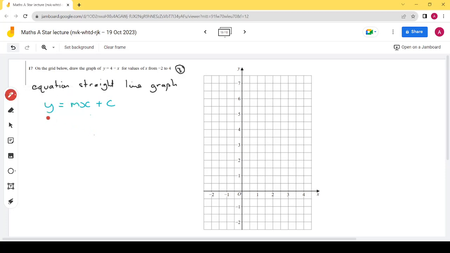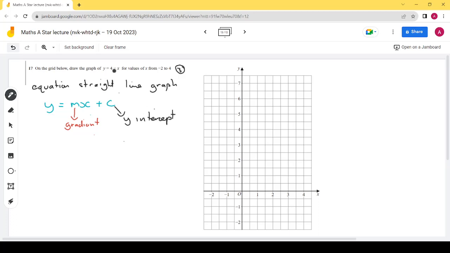The m tells us the gradient, or how steep, or how much y changes for every x. And the c just tells us the y-intercept, so basically what y will be when x is 0.